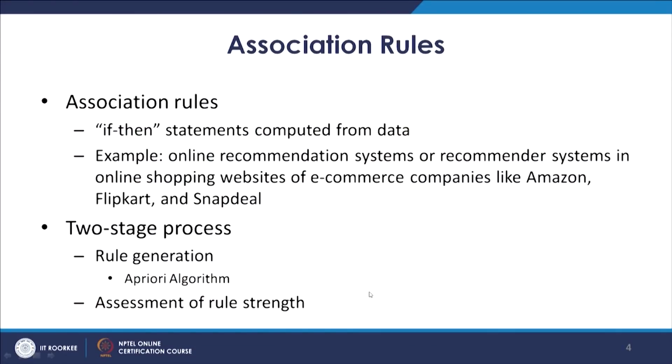Another example of association rules is the online recommendation systems, or recommender systems, that you see on online shopping websites of e-commerce companies like Amazon, Flipkart, and Snapdeal. Whenever you are looking for a certain item and you are on that page, if you scroll down you would see that a number of other items are also being suggested.